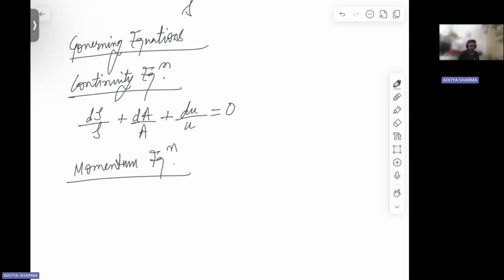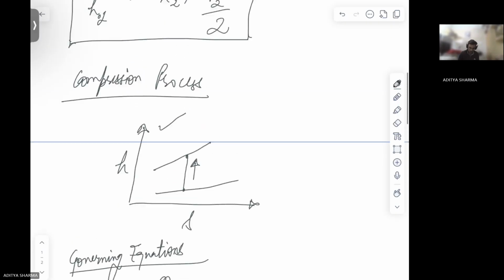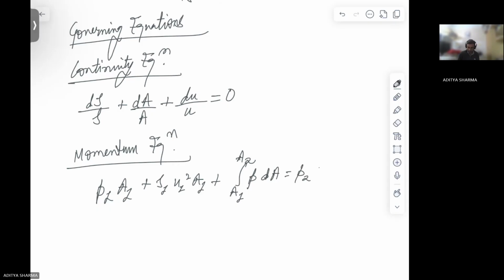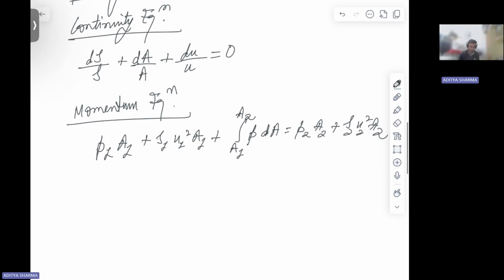Then your momentum equation. Your momentum equation is this, or like this.